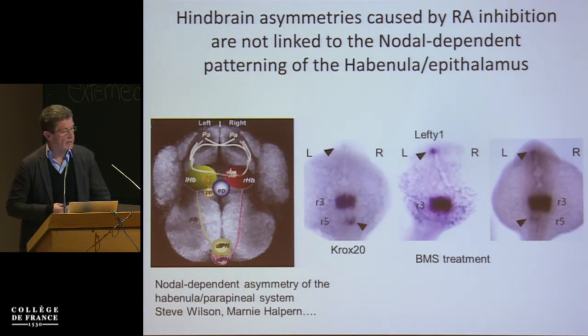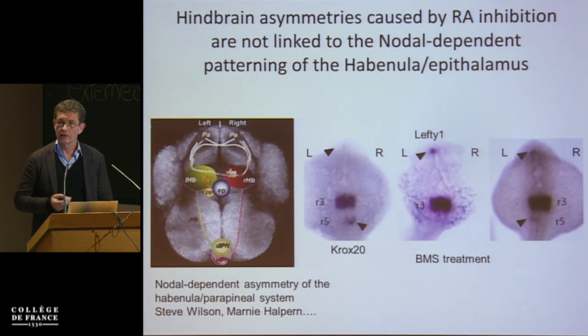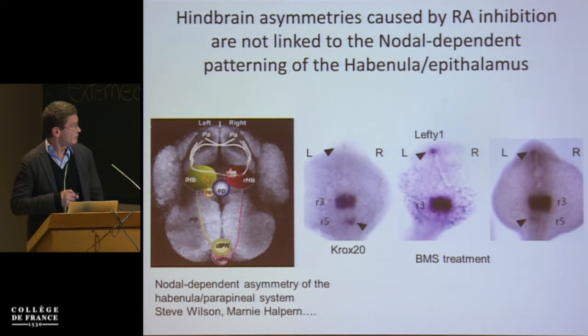So the asymmetry of the zebrafish brain has been well studied at the level of the diencephalon, and it's well known that the habenular system is very asymmetrical in fish and in amphibians. In the epithalamus of the fish, there is a nucleus which is completely asymmetrical called the parapineal, which influences the asymmetric development of the lateral habenulae that project to the dorsal interpeduncular nucleus.